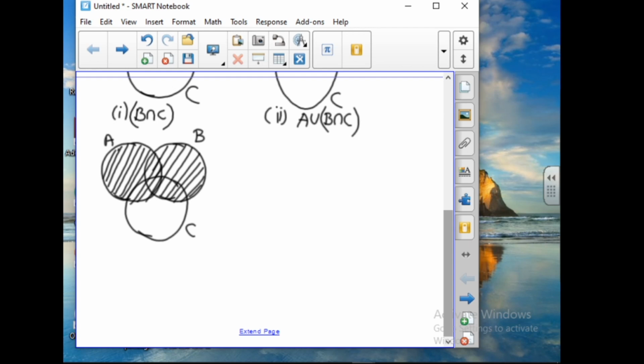So this is your A union B. This is your third diagram.